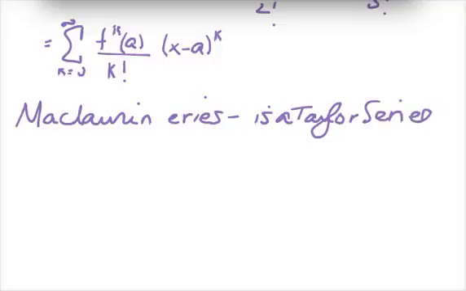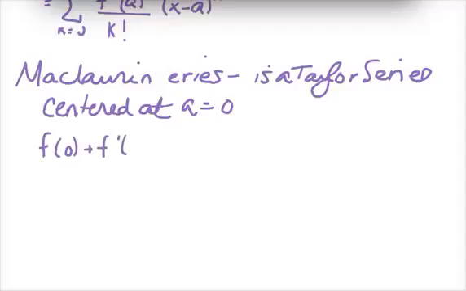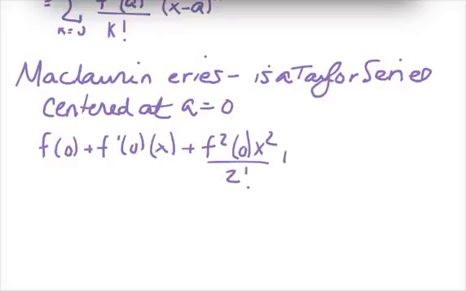So if a is equal to 0, take the general Taylor series and evaluate it, and you'll get a formula that looks like this.